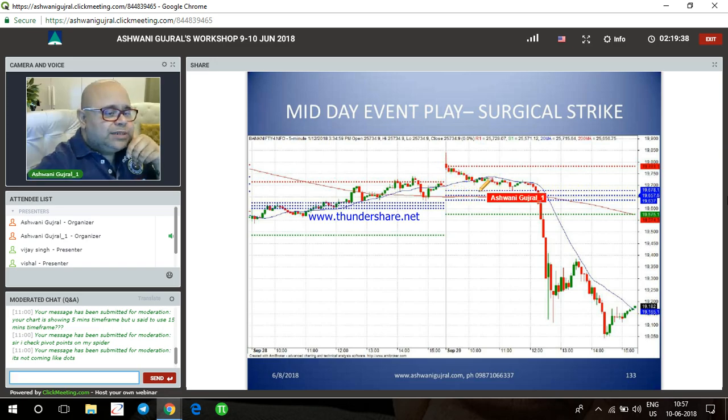Again, as you can see, suddenly middle of the day, something happened. Now again, these pivots are higher than these pivots, right? So this is a very slow kind of pullback. So I went long here.